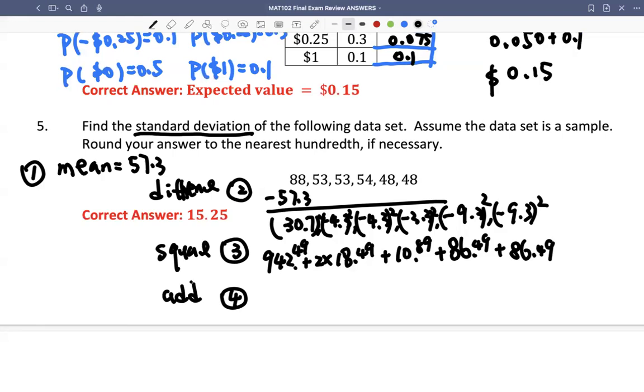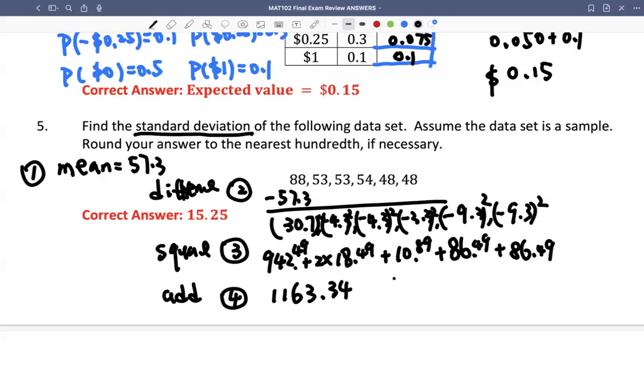So 942.49, plus 2 of 18.49, plus 10.89, plus 86.49, and also 2 of them. Adding up, we get 1,163.34.